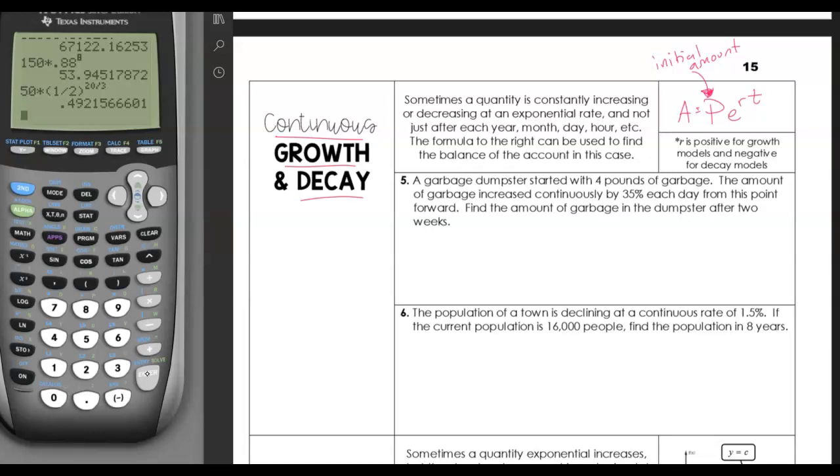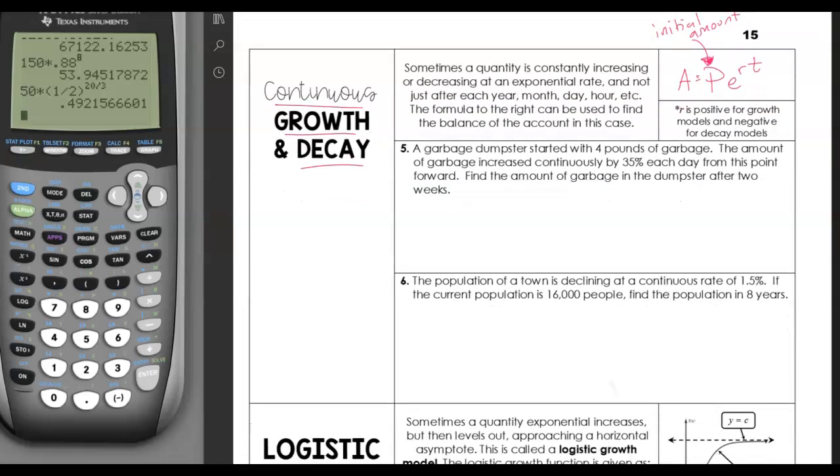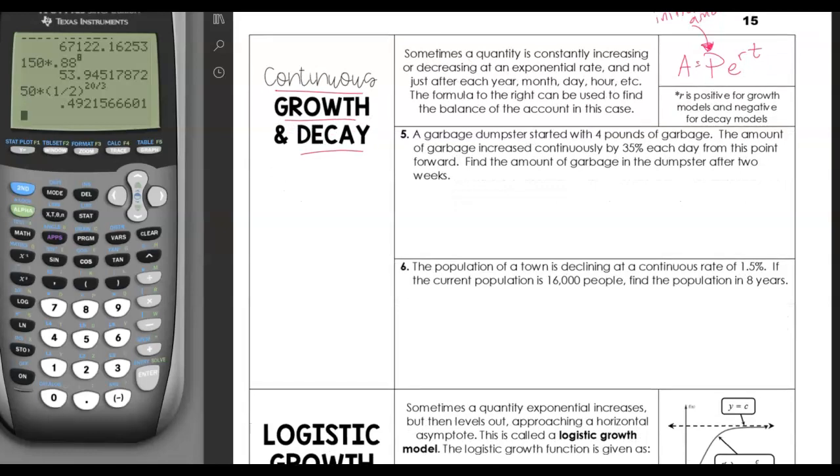So now, because we are also encompassing decreasing, like you're asking, Peyton, we have to think about whether the rate is positive or negative. For example, in number 6, it says the population of a town is declining at a continuous rate of 1.5%. If the current population is 16,000 people, find the population in 8 years.